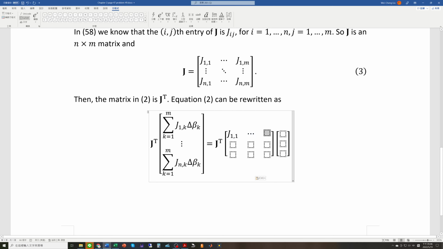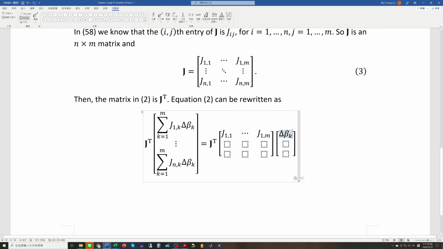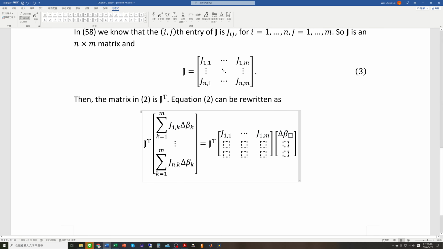And the last element of the first row should be J1K, where K is equal to M. So this element should be J1M.